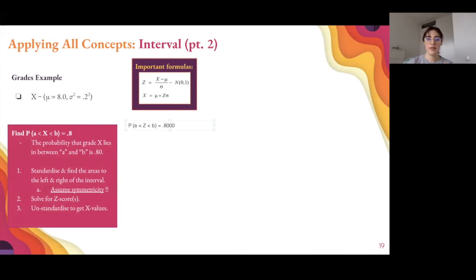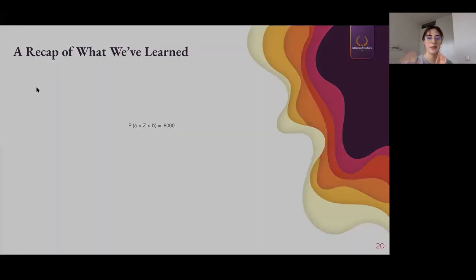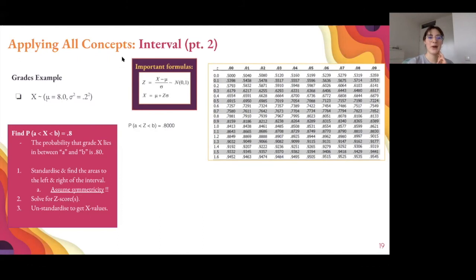So now that we've done that, and then also here's a z-table. And then also I'm going to draw out the standard normal distribution curve again. So here we go. Here's our standard normal distribution curve up in the top right.